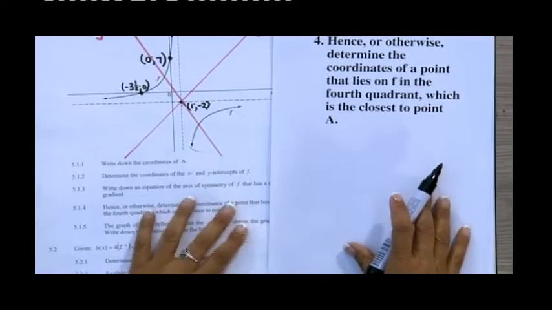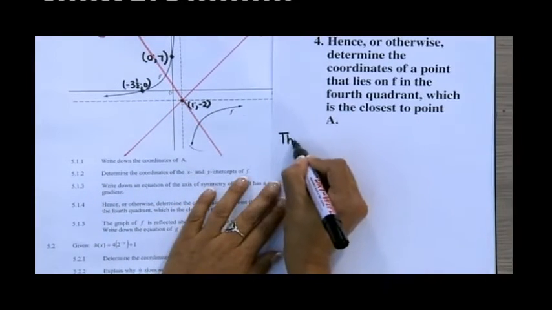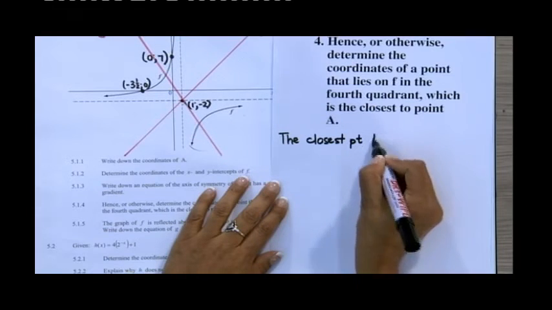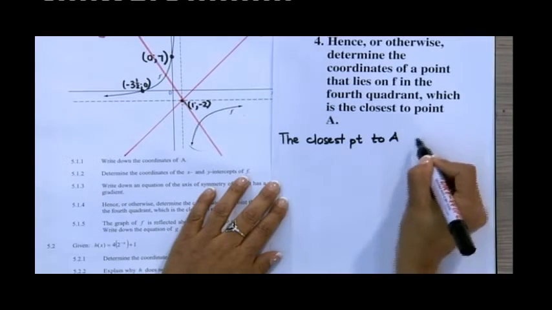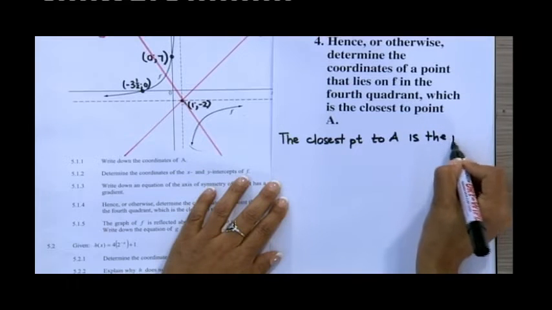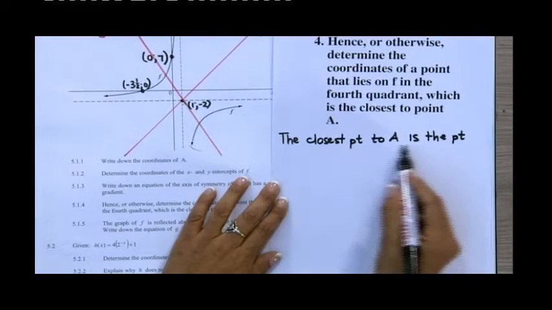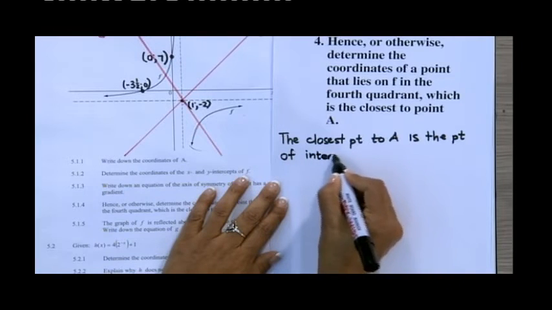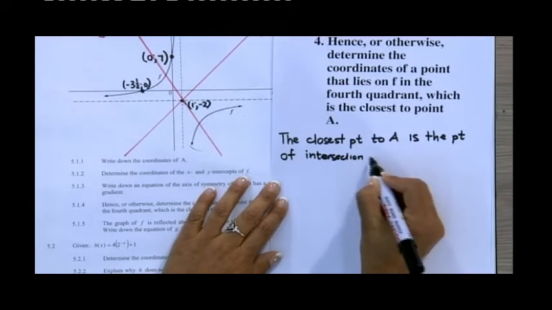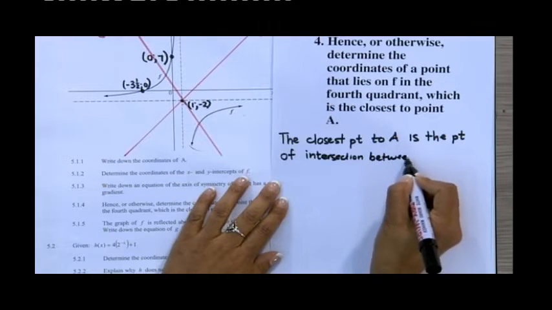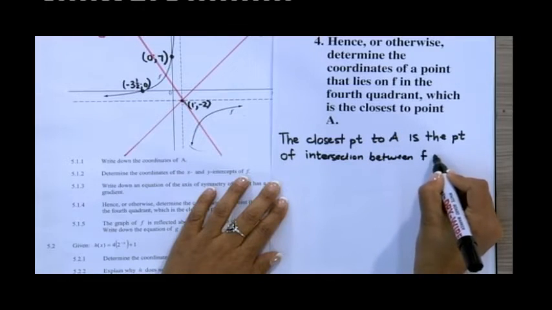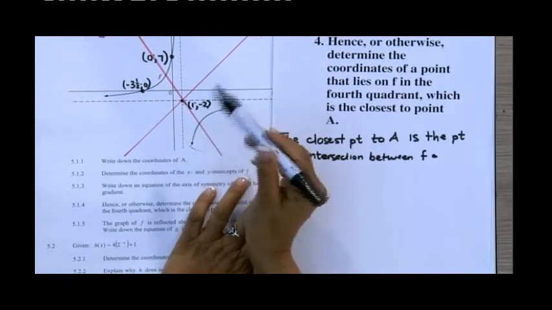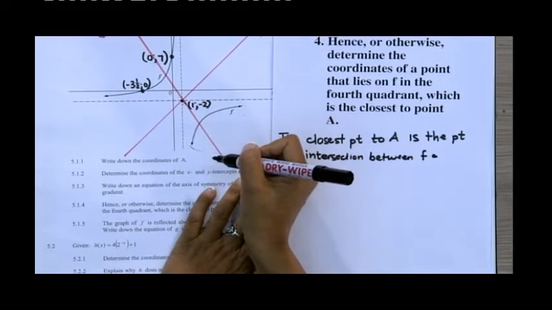And that is the point of intersection. The closest point to A is the point, I want you to write this down, the closest point to A is the point of intersection between your hyperbola, between F and the axis of symmetry.